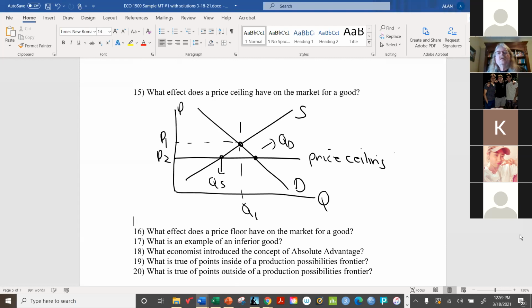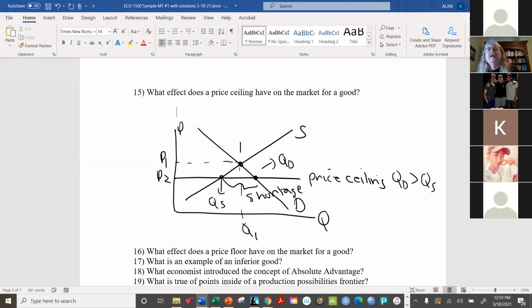At the price ceiling, the quantity demanded exceeds the quantity supplied, which implies a shortage. Not just a shortage, but a permanent shortage. Okay, so in other words, you could write either shortage or permanent shortage. Permanent in the sense that it cannot correct itself.